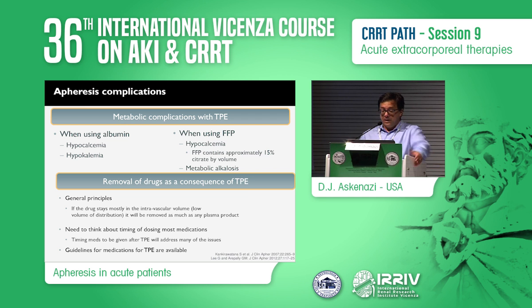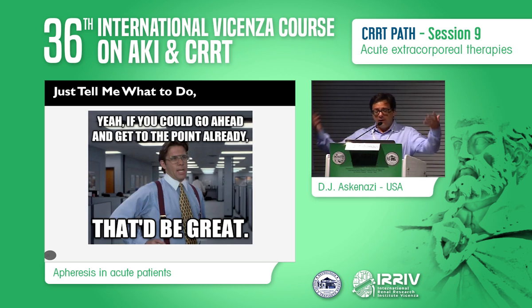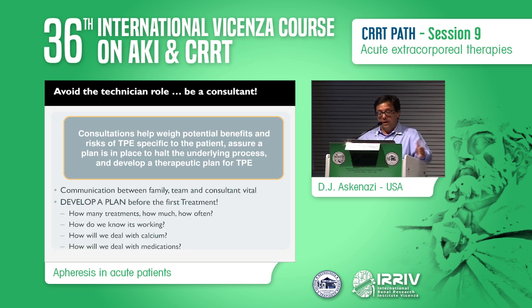So I've said some theoretical stuff. I'm going to jump into what it is that we're actually doing. How do we actually do this? The steps to the procedure start with just turning on your brain and having a conversation with your families and with the rest of the team.